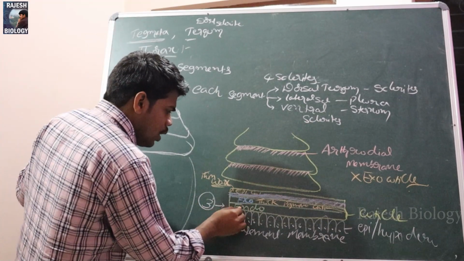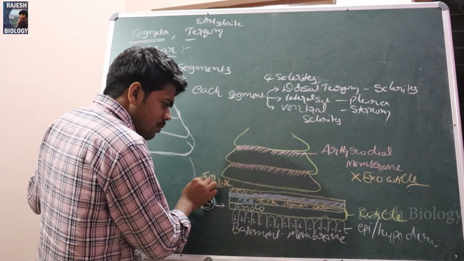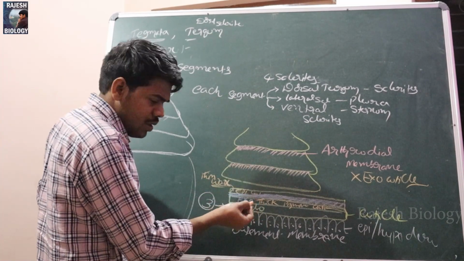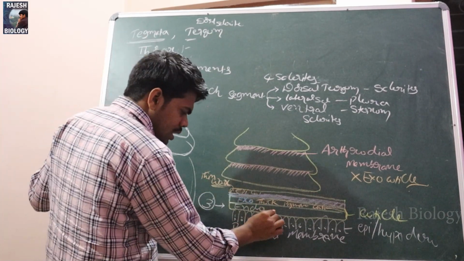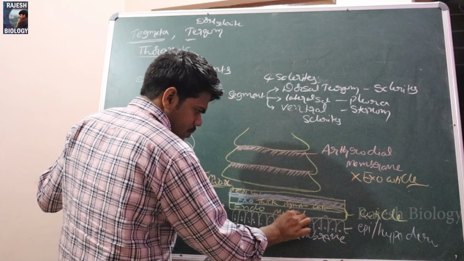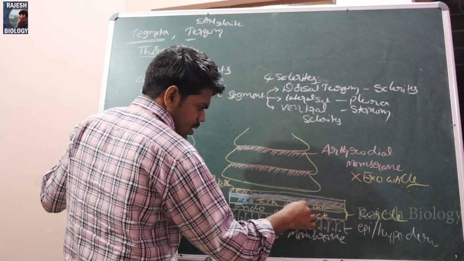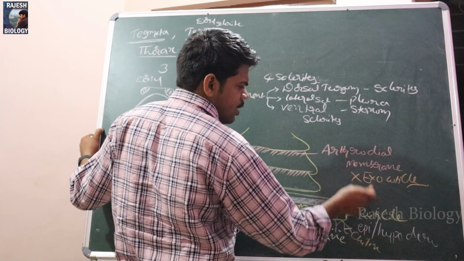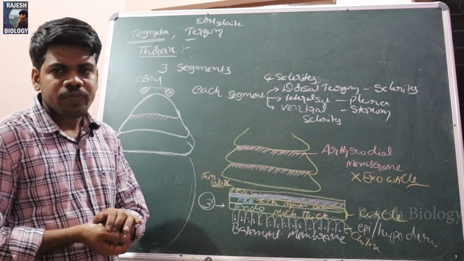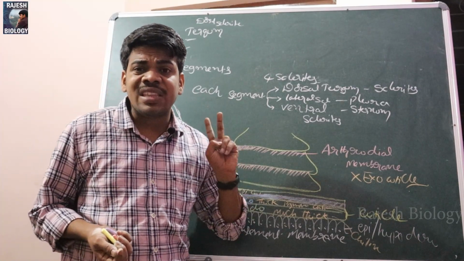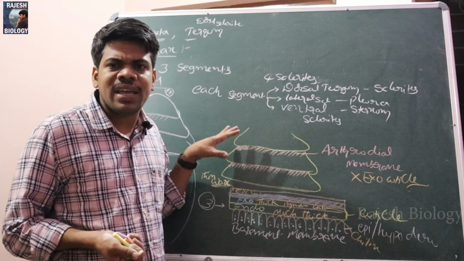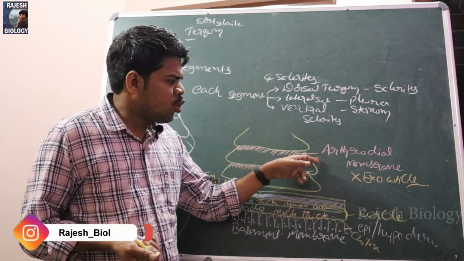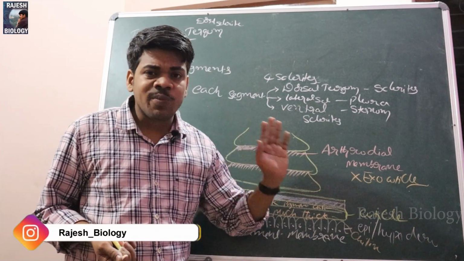And come to this endocuticle. It is thin, then somewhat thick, and then much thicker. This is also made up of chitin. It is present in the arthrodial membrane. The chitin layers are present in the entire body wall, but in the arthrodial membrane, the exocuticle is absent.